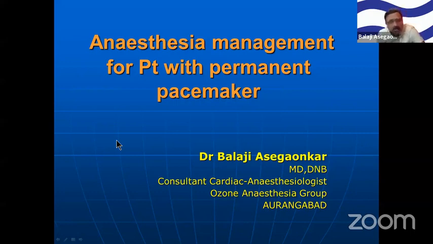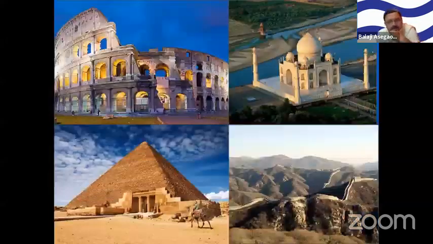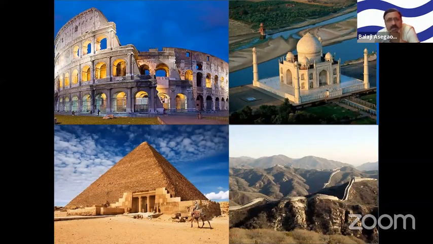Now I'm going to talk about anesthesia management of patient with permanent pacemaker. Now, these are the 7 wonders, like the Taj Mahal, the Great Wall of China, or the Great Pyramid of Giza, which was built almost 4,000 years ago.